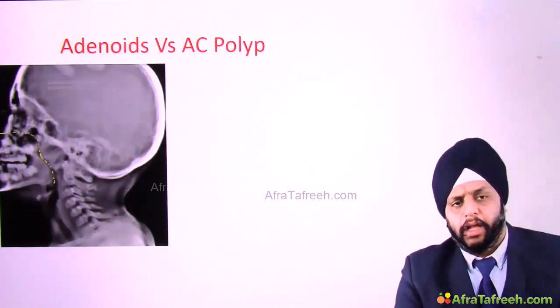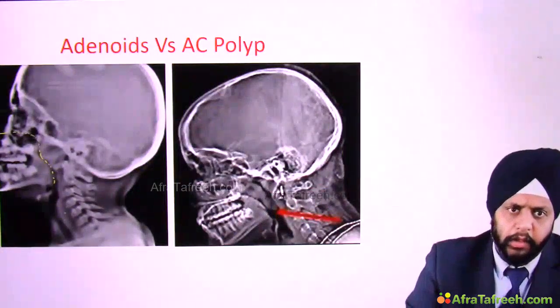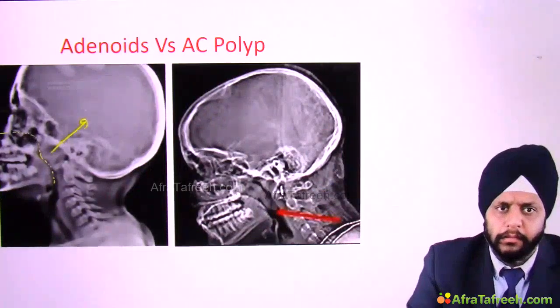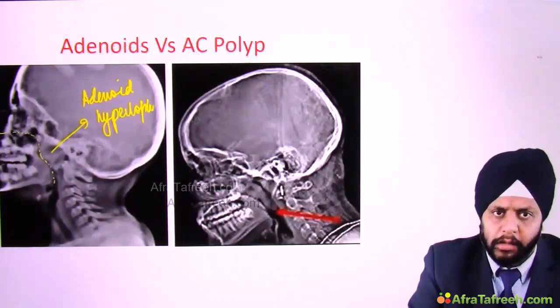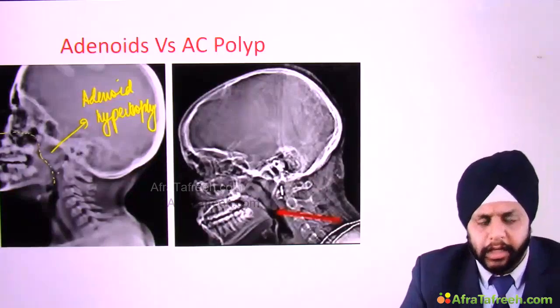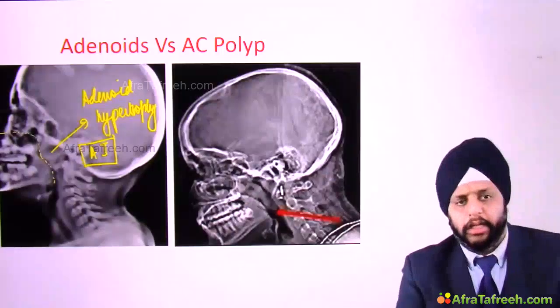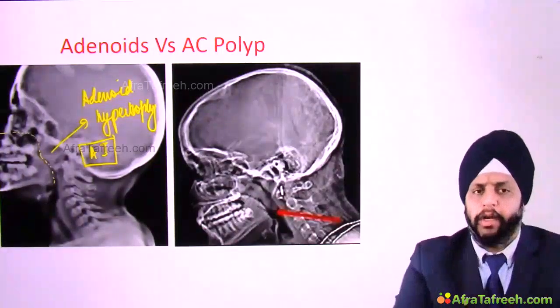So what is this mass? This mass is your adenoid. This is a case of adenoid hypertrophy, and we see that the airway is anterior inferior to the adenoids. That is very important: if a small airway is left, it is left anterior and inferior to the adenoid mass.